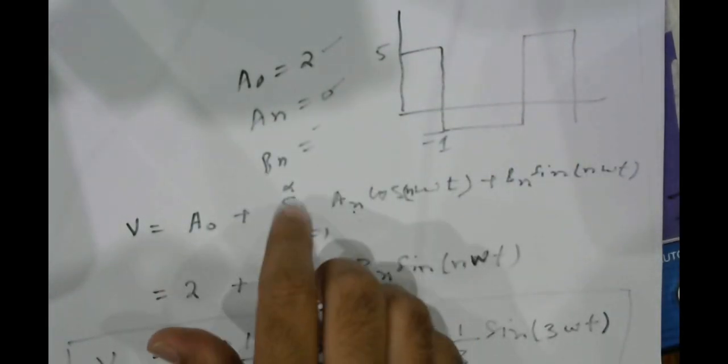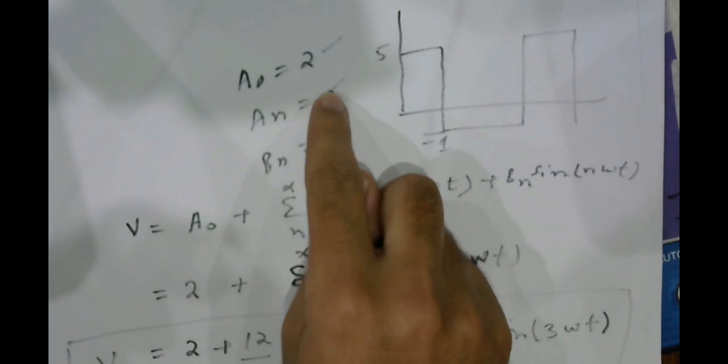If a function is an odd function, then a n will be equal to 0 and b n will not be equal to 0. If a function is an even function, then a n will not be equal to 0 and b n will be equal to 0. So you will not need to find the second integral. This will automatically go to 0. For an even function this will be equal to 0, for an odd function this will be equal to 0.